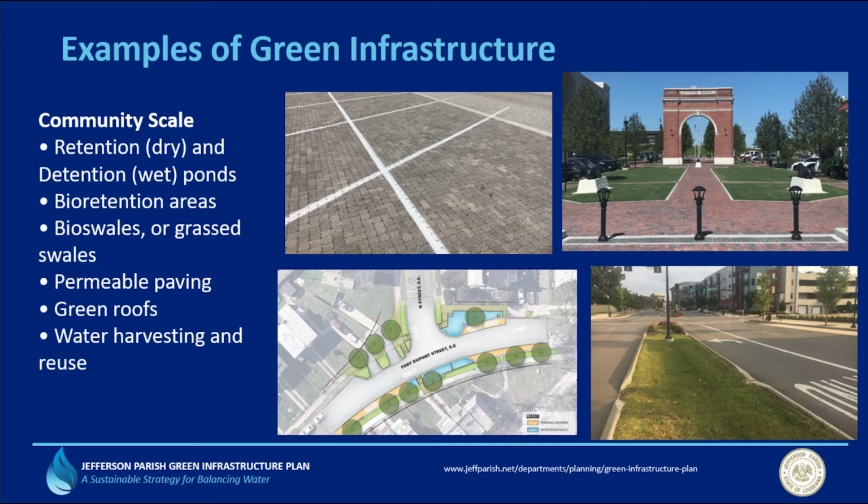In the upper left, instead of traditional concrete, permeable paving is used in a library parking lot. This paving allows water to infiltrate into the soil beneath. In the upper right, this is Gretna Downtown Drainage Project Phase 1, which features bioretention cells, subsurface retention, permeable pavers, and planting areas.